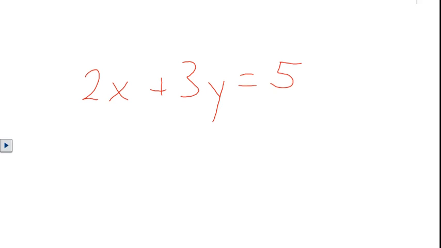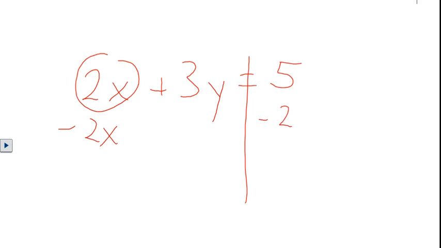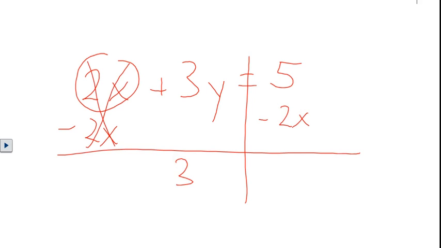All right, so essentially what I'm doing there is I'm going to solve for y, right? So if I think about doing that, I've got to take that 2x, I've got to move it to the other side, and since it's positive, I'd subtract it from both sides, right? So it gets rid of it from the left side and puts it on the right side. And again, always list your x first.